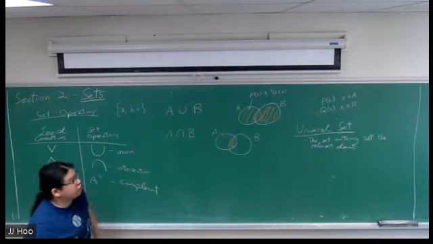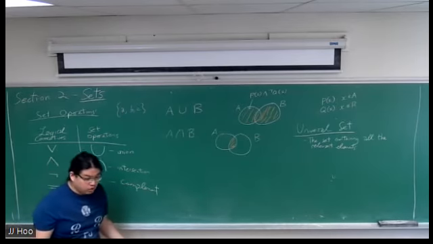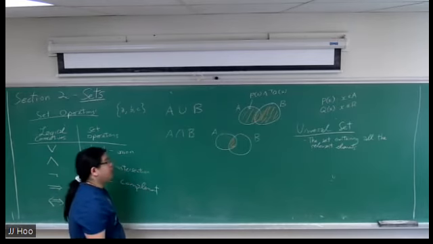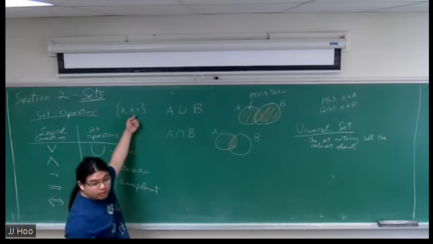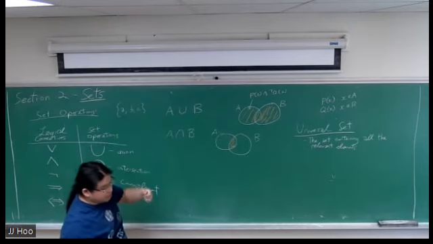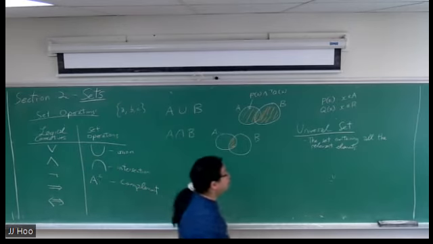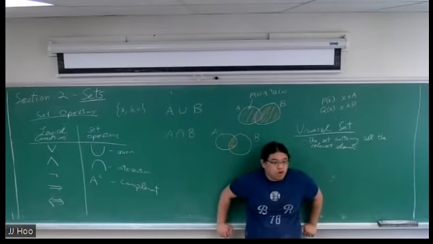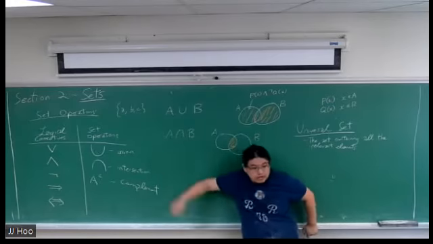So maybe I want to restrict my universe to numbers, to real numbers somehow. Or if I'm talking about words, maybe I want to restrict my universe to letters. So for example, if I want to treat the dictionary as a set of all possible words, maybe I treat each word as a union of letters.